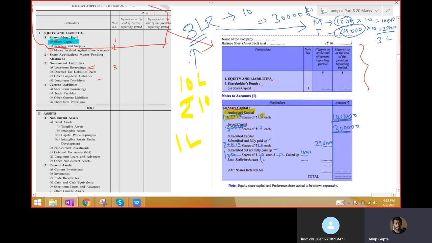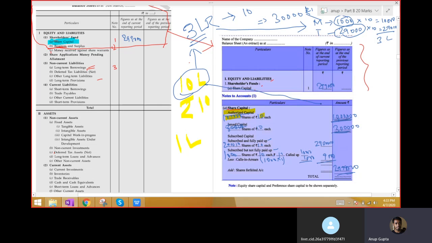He did not pay rupees 1 per share, that is 1,000, so the amount is 9,000 here. The total amount is 2,99,000, and this amount goes over here. This is how you record it. Understood?